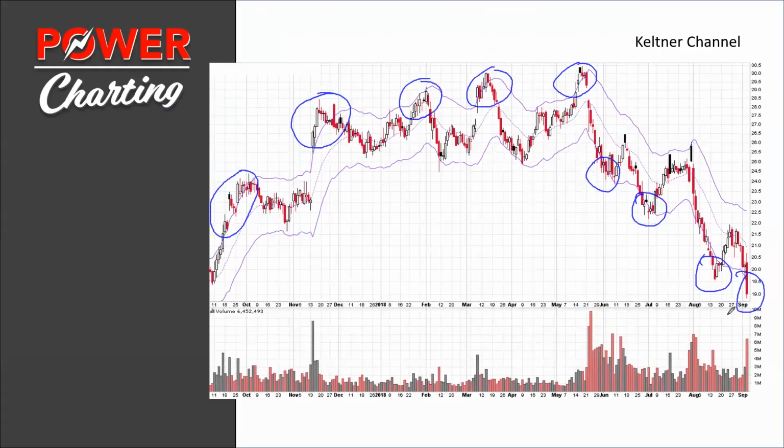Whenever we use this particular scan, after the scan results come to us and we look at all of the stocks, they're most likely right before some kind of rally, if we're talking about the oversold position on Keltner.